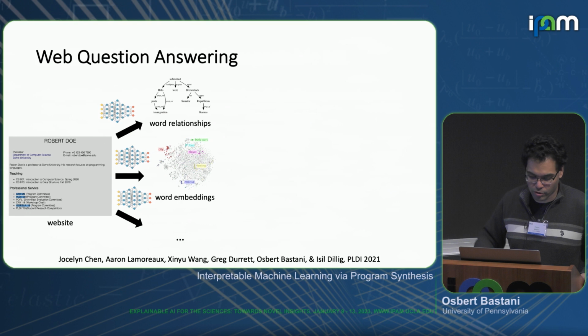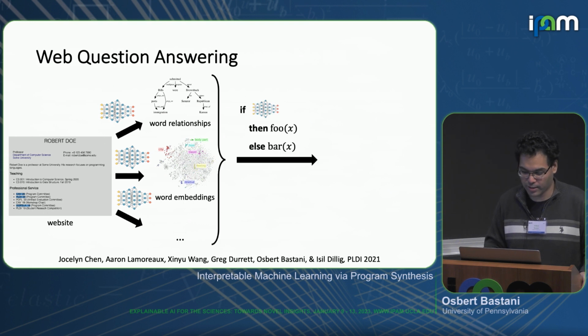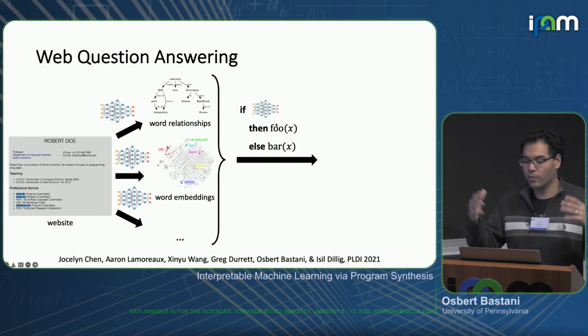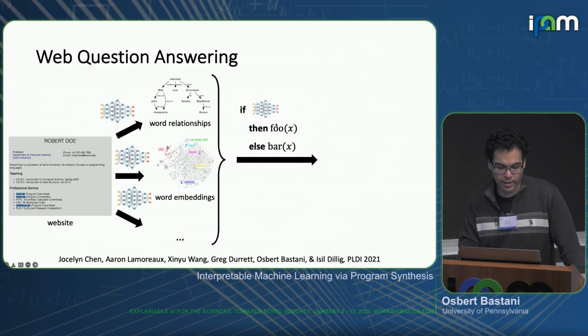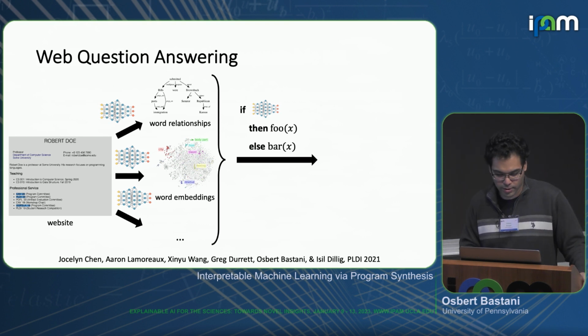So you first apply a neural network to get similarity scores, and that's one construct in the domain-specific language. Then you might have rule lists that filter information based on the predictions of these neural networks.